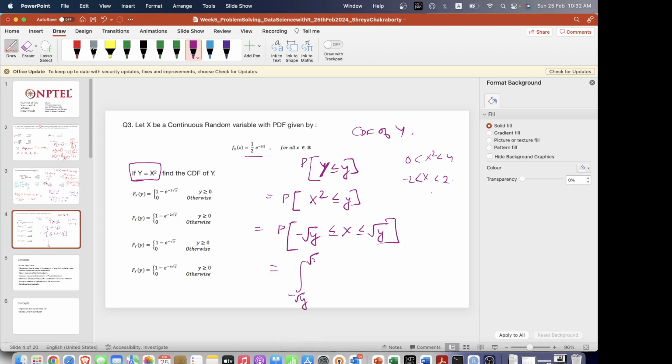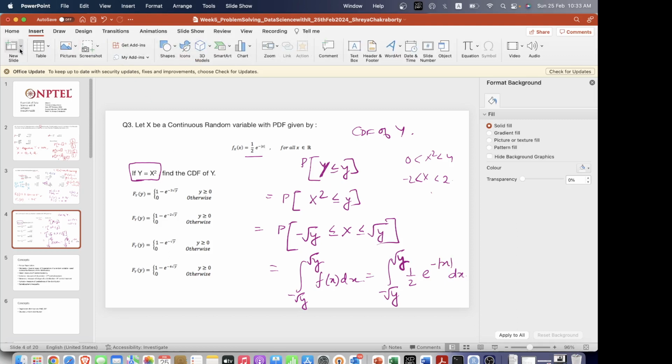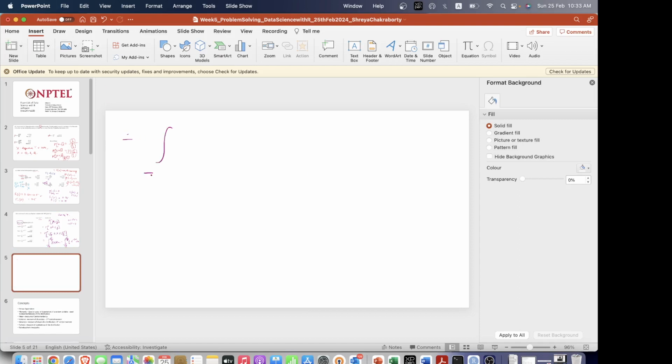Minus root y to plus root y f_X(x) dx. Now f_X(x), if we just write it down, will be the integral from minus root y to plus root y of half e to the power minus mod x dx.